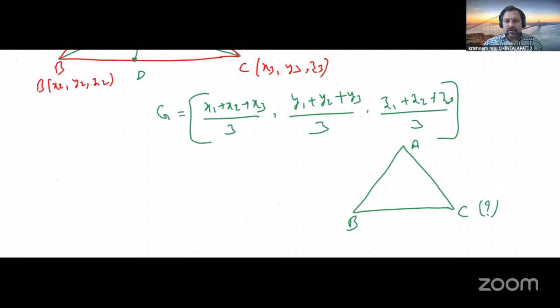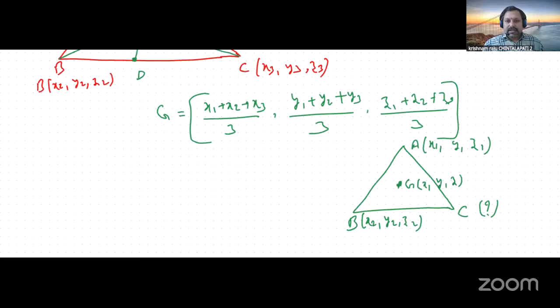If you know the vertex A is x1, y1, z1, vertex B is denoted as x2, y2, z2, and centroid G is denoted as x, y, z.